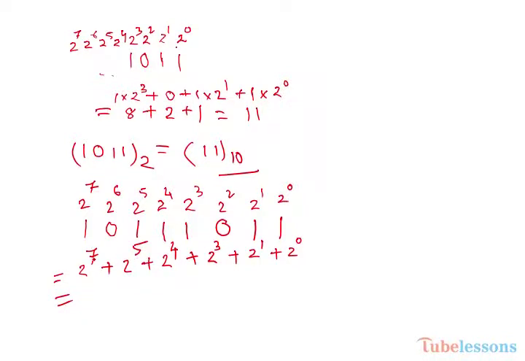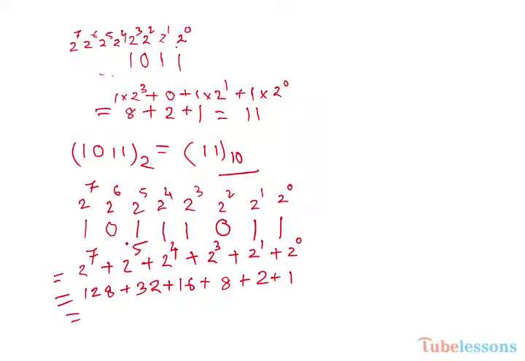Now 2 to the power 7 means 128, plus 2 to the power 5 means 32, plus 2 to the power 4 means 16, 2 to the power 3 means 8, plus 2 to the power 1 means 2, plus 2 to the power 0 means 1.